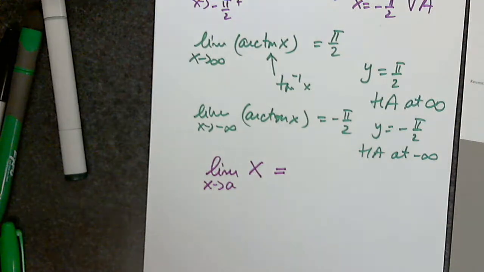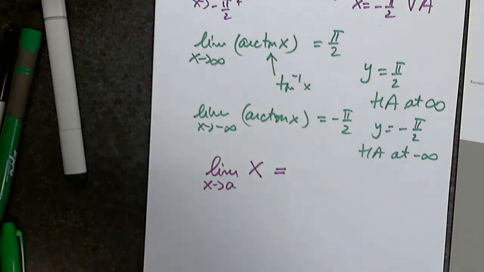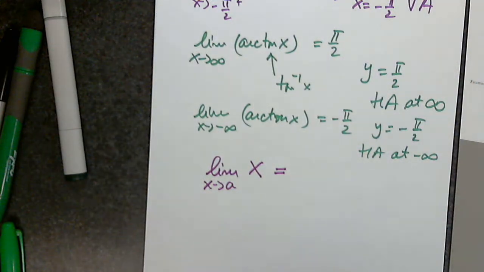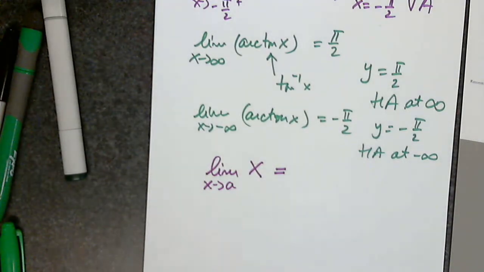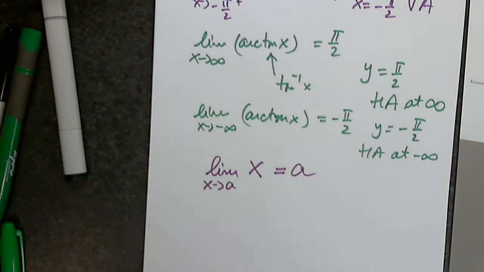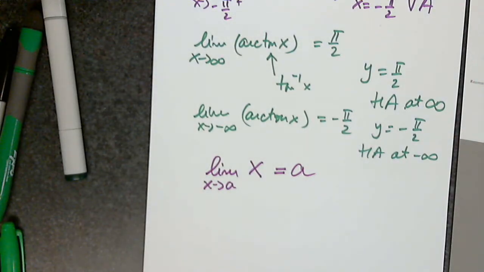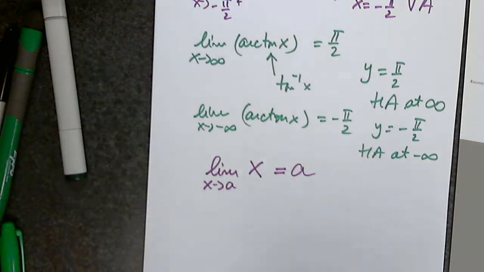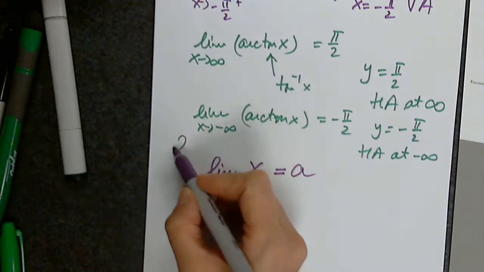Plug in what I have, what is given. X approaches blah, I have to plug in blah. I cannot just make up a number. Exactly, that's it. Done. Okay, now let's look at the rest of the limit laws.